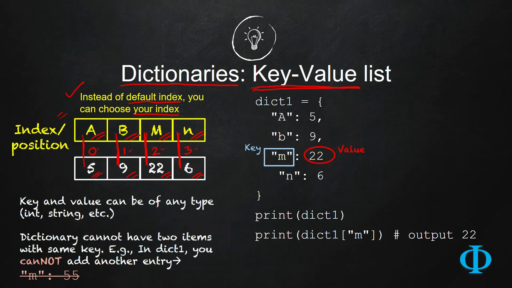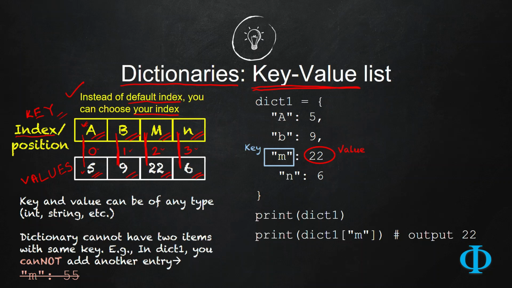Whenever it follows this type of concept, like your own index coupled with a value, we call it a key value store. The indexes that you just created by yourself, like A, B, M, N, are called keys, and the corresponding values are called just values.